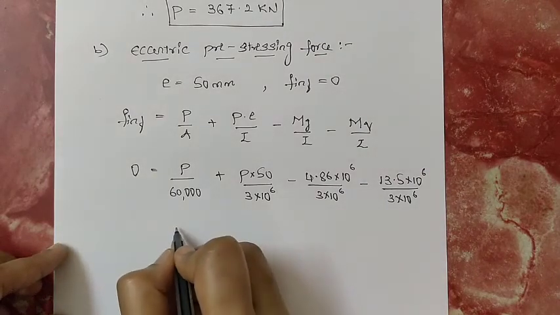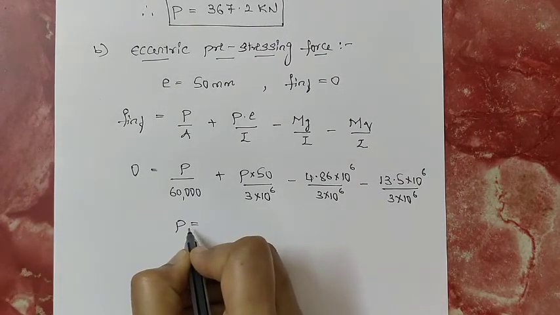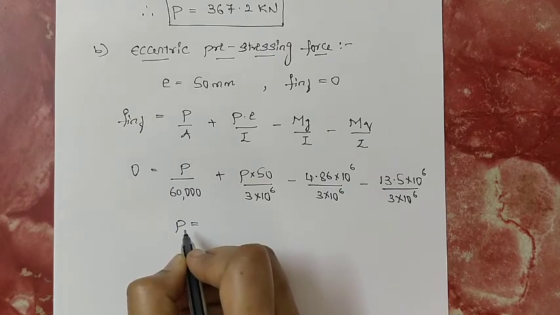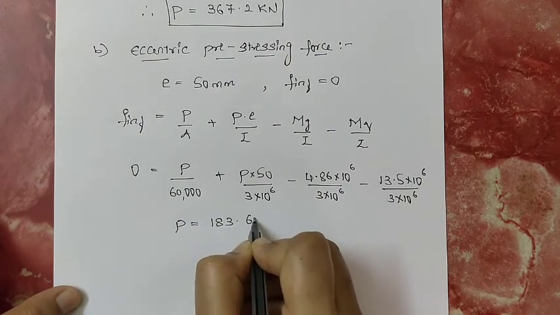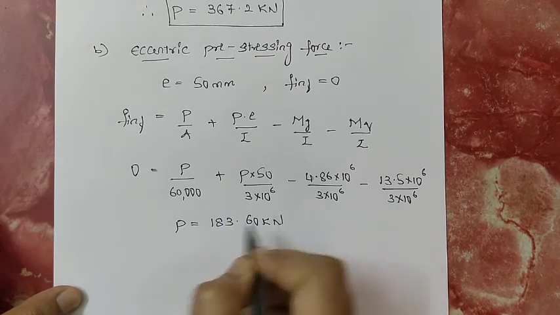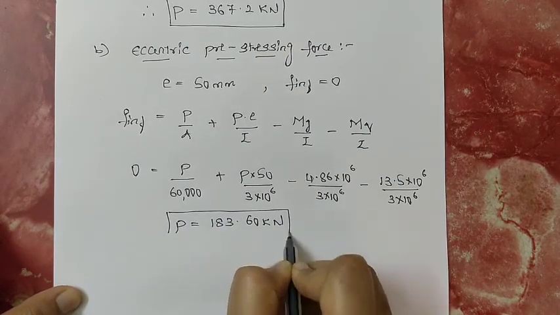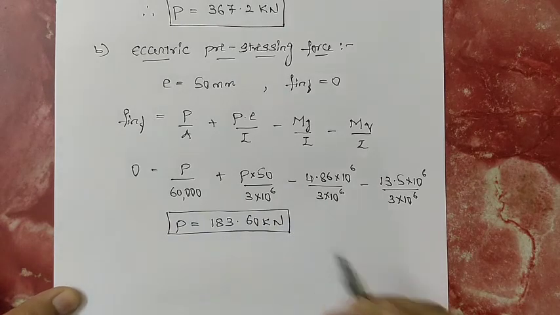Upon simplification, you will get the P value as 183.60 kilonewton. This is the magnitude of eccentric pre-stressing force.